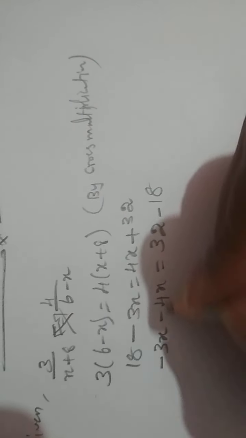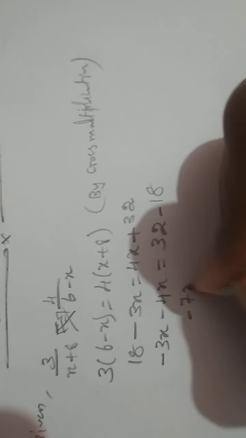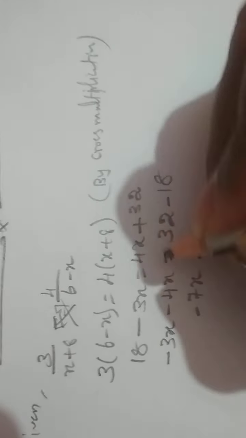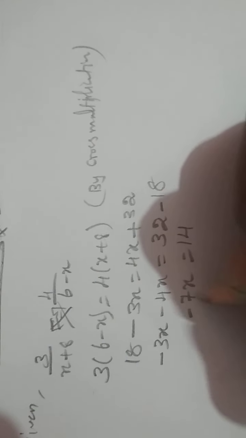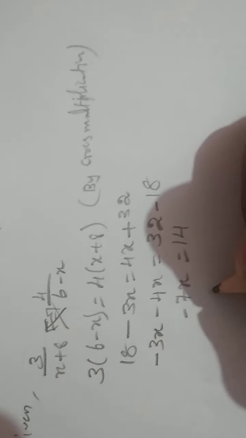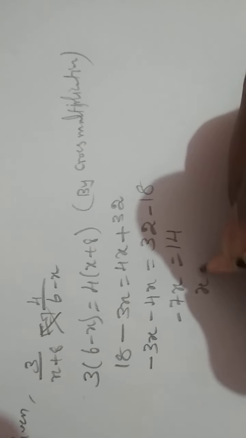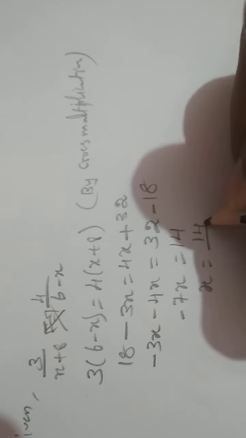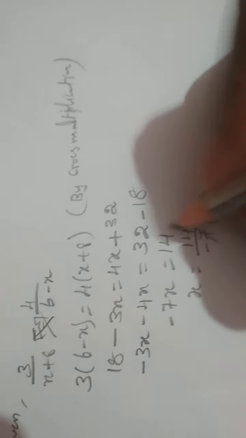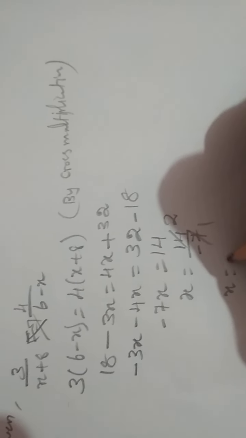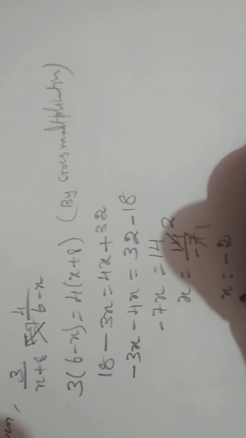So minus 3x minus 4x, minus 7x, is equal to 32 minus 18, which is 14. Next we transpose this coefficient of x from LHS to the right hand side. So x is equal to 14/(-7). We can cancel: 1 seven is 7, 2 sevens are 14. So x is equal to minus 2.